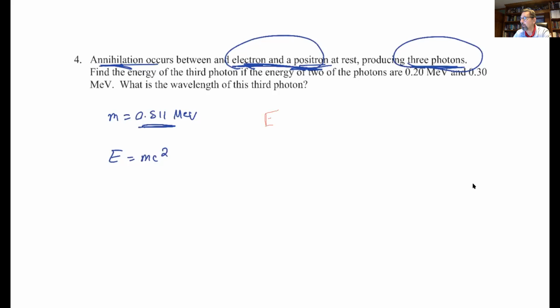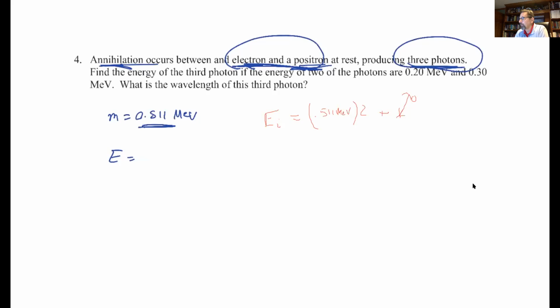Energy initial is just 0.511 MeV for the positron, and the same thing for the electron. So that's your initial energy, because they're at rest, so kinetic energy is 0. Okay. And now what is the energy afterwards?